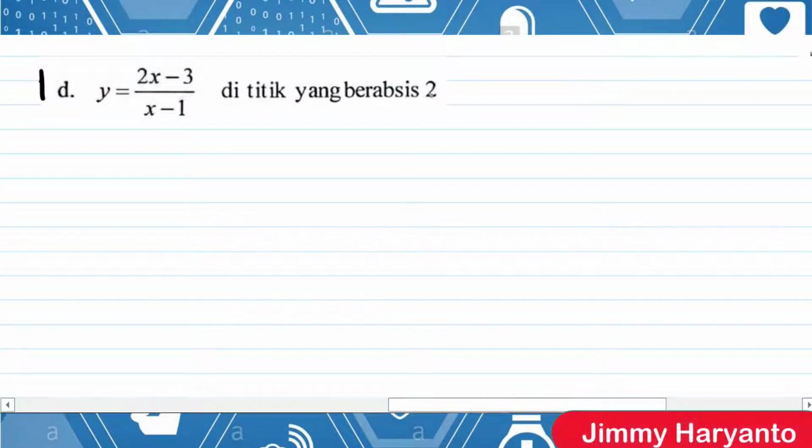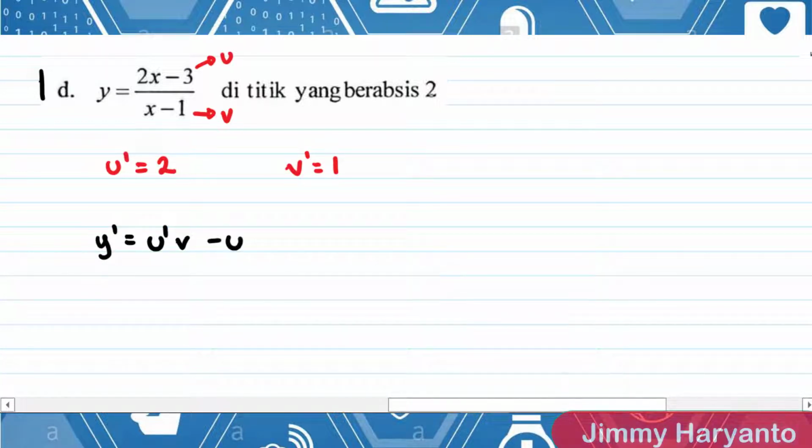Next is 1d. For number 1d, we have to differentiate this using u over v ya. This one is the u and this one is the v. We have to prepare u' and also v'. For u' we have 2, and for v' we have 1. And then to find y', we use this formula: (u'v - uv') over v² ya.